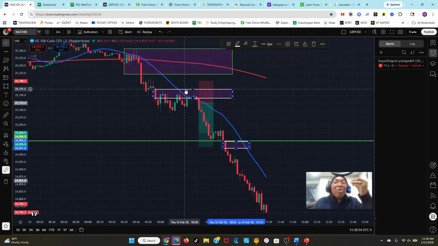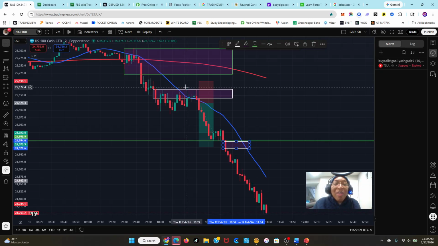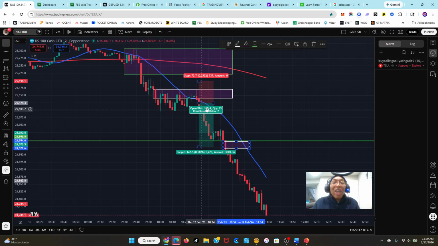So we should have used our ingenuity as traders and pushed it a few pips above, maybe 10 pips, only 10 pips. We could have avoided that loss. But it doesn't matter. The strategy wins 50-50. So we lost one, and we took another bold move and took a trade.